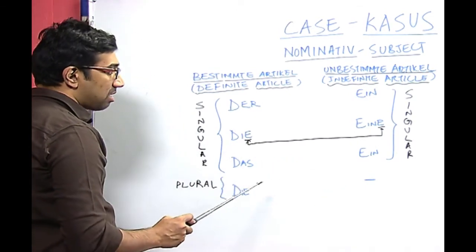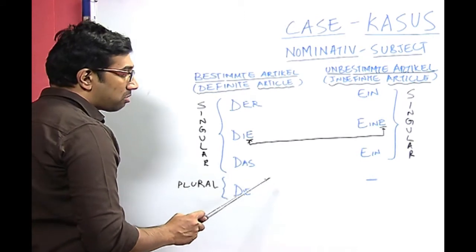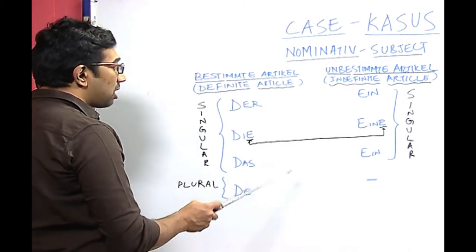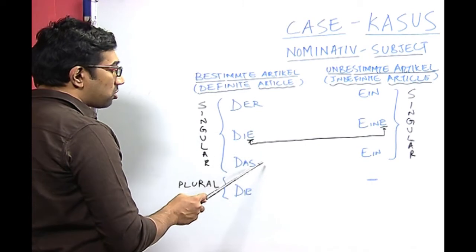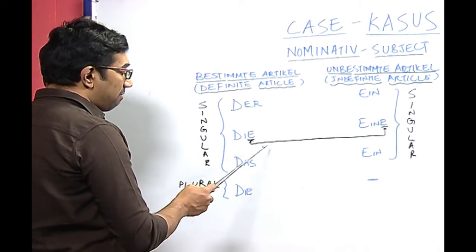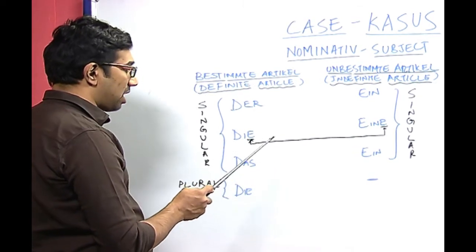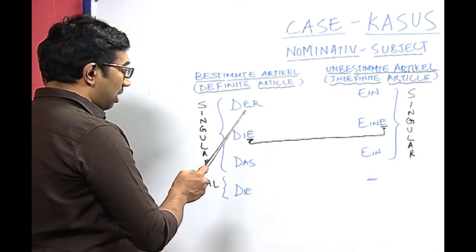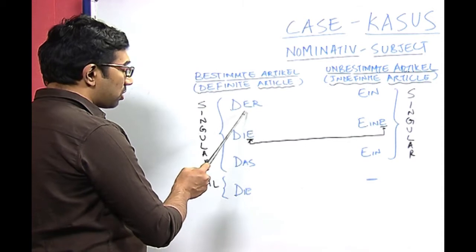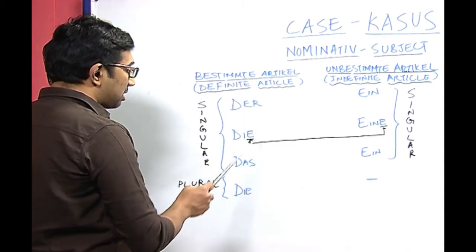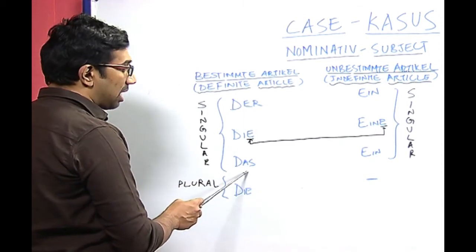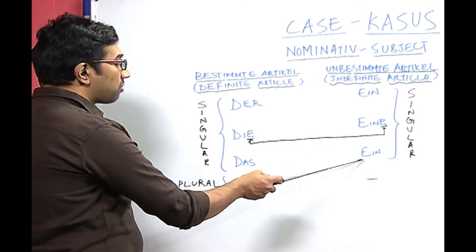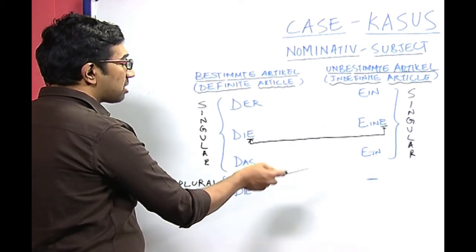So, it is relatively easy to distinguish between a masculine or a neutral article and a feminine article. However, one should be able to learn and understand how to distinguish between a masculine article as well as a neutral article, since both of them carry the same indefinite article.